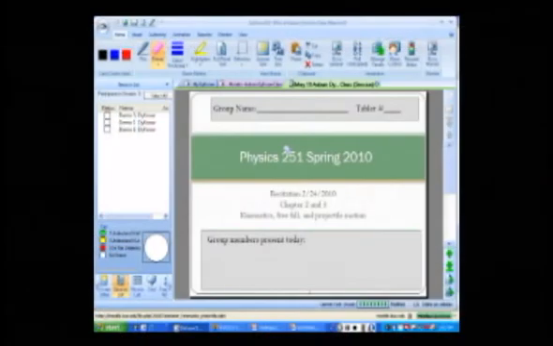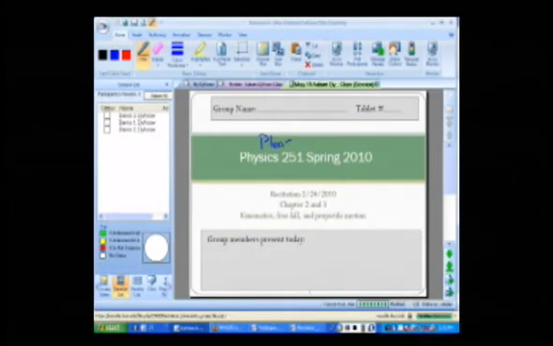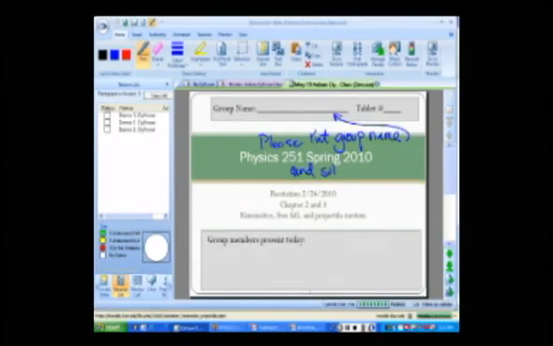Let's try this again. Try to pick your pen up there. Please put group name. Notice what she's writing there is showing on my screen. And submit.